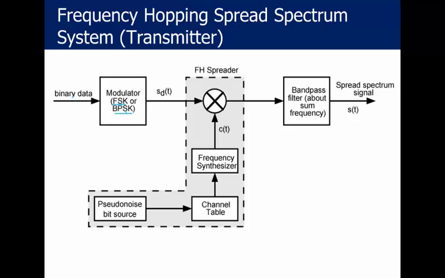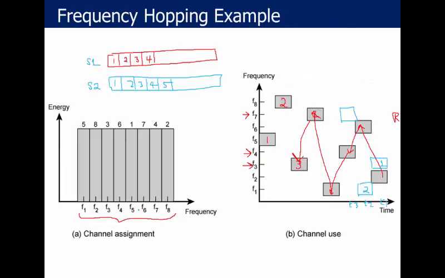Okay, it's not the same as the given data, but it is modified, so that it can be easily spread out using some pseudo noise. What happens is the data can be modulated with the carrier signals, and then it is ready to be spread. Okay, so in this way.